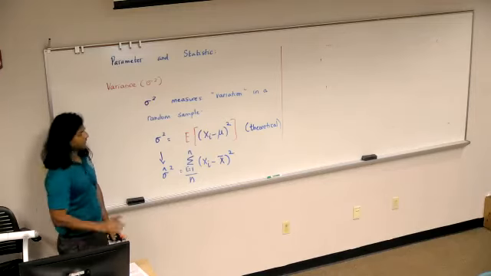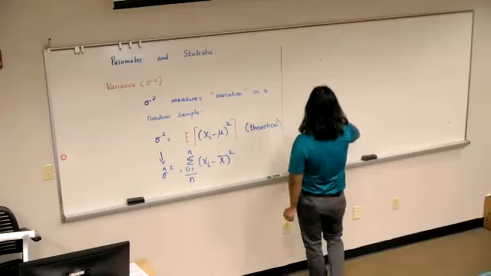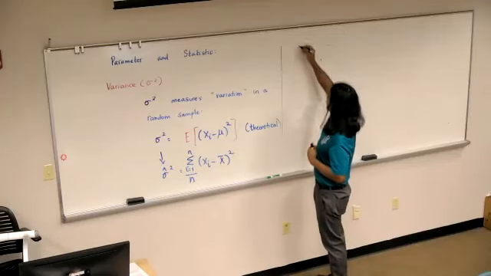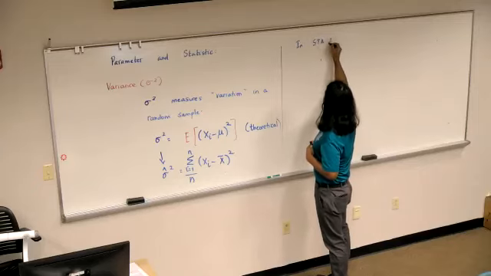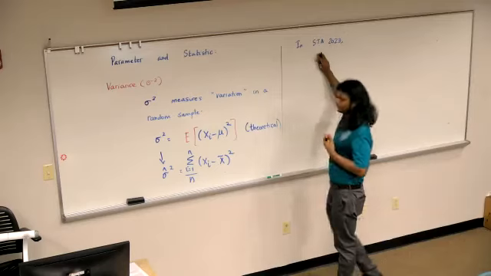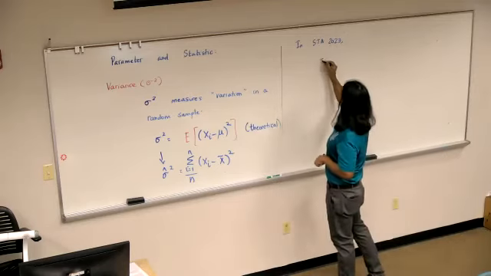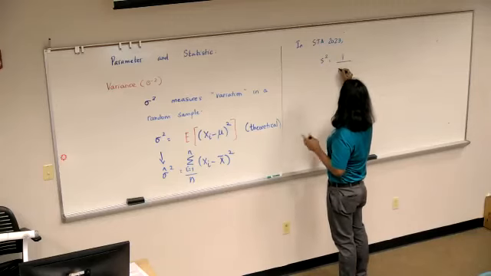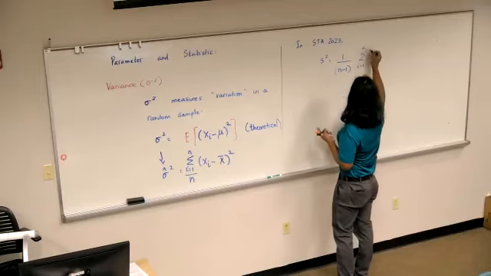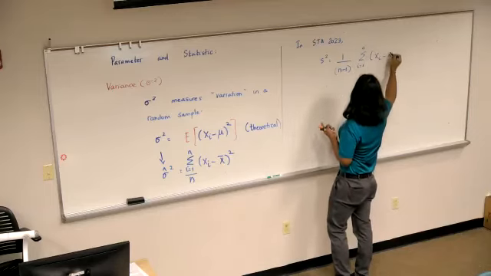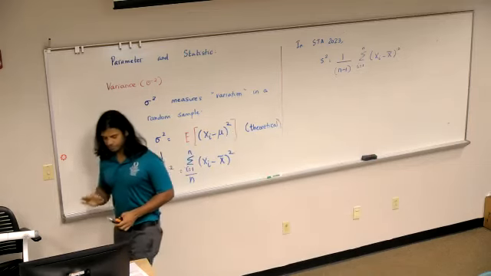You have to be a bit careful here. I won't get too much into this, but if you go back to 2023, the formula that we would use for sample variance is the same except we divide by n minus 1, not n.